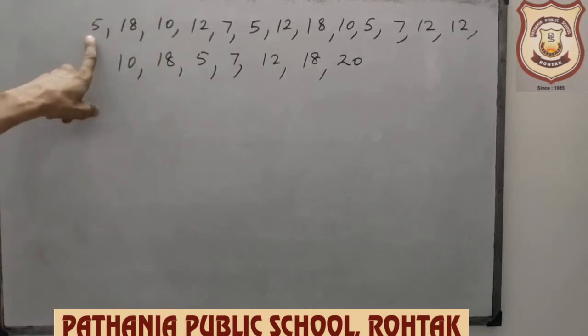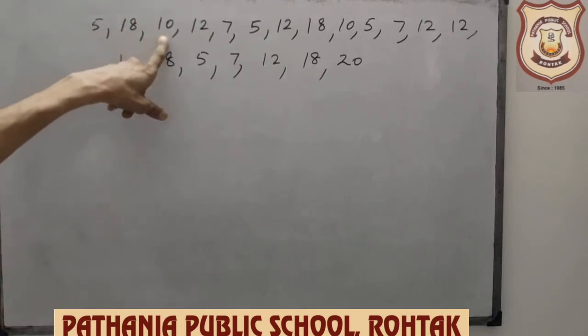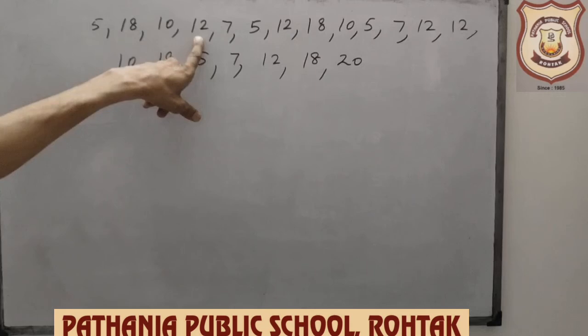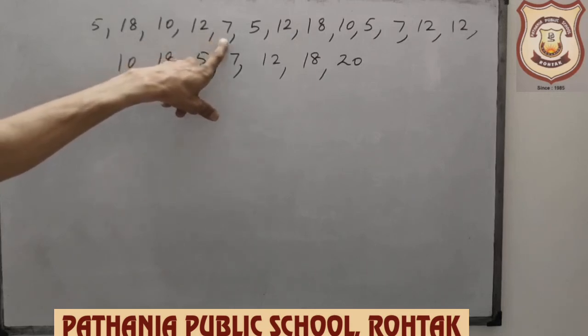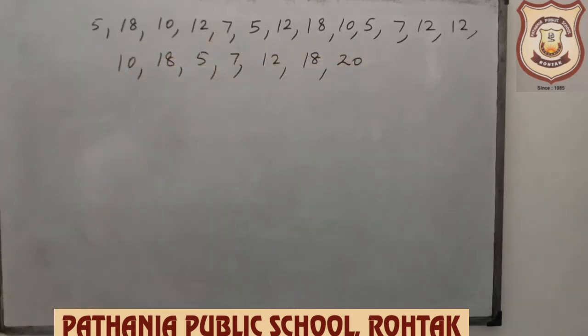First student got 5 marks, second 18, third 10 marks, fourth 12 marks, fifth student 7 marks, and so on. These total numbers are 20. Convert this into a grouped frequency table, taking the class intervals of width 5. It is given to you what width you should take.